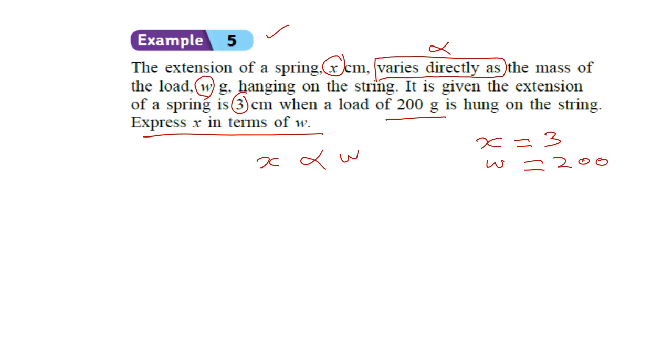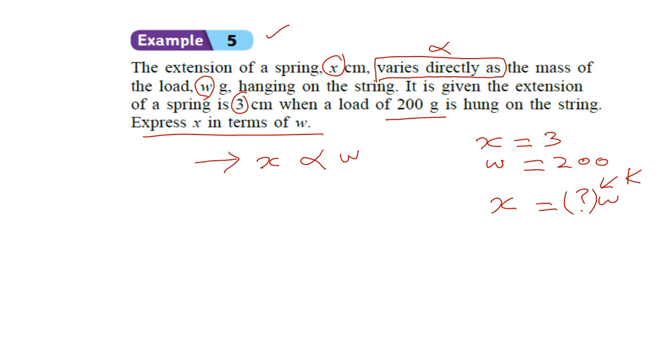Express x in terms of W. That means x equals something times W. Your something here is actually your K. How to do this? This is your variation relation. It's in symbol form, but you have to change it into equation form.